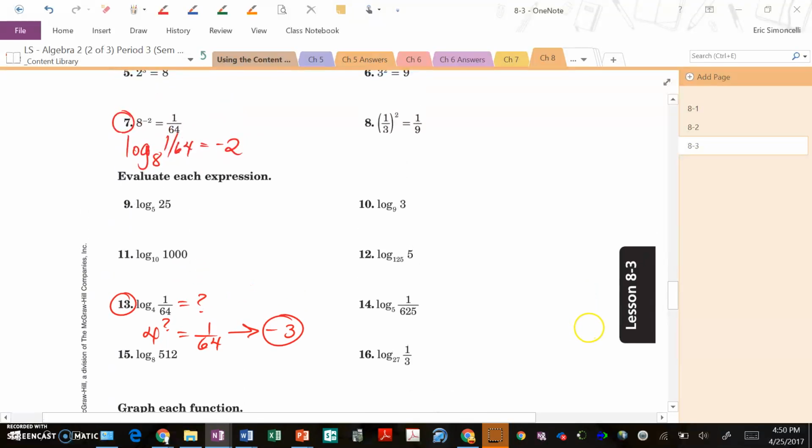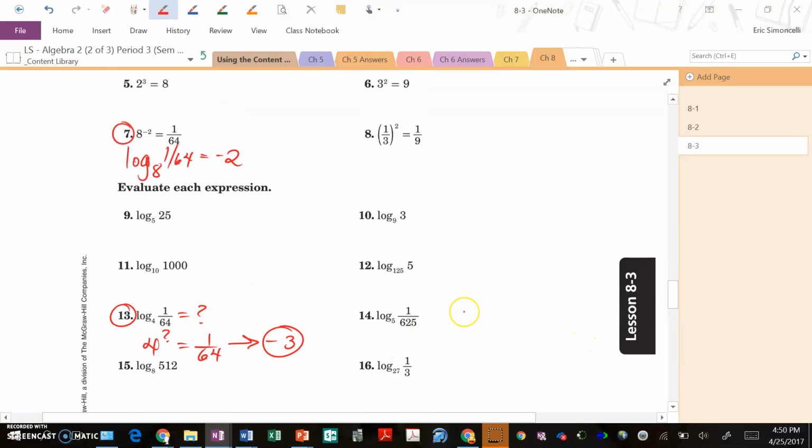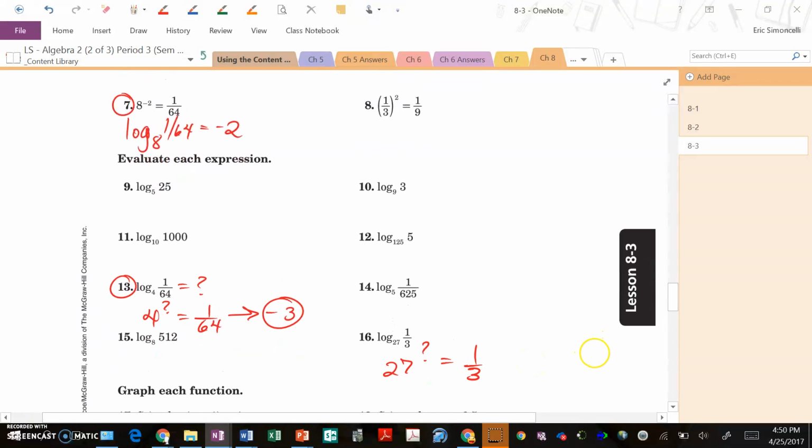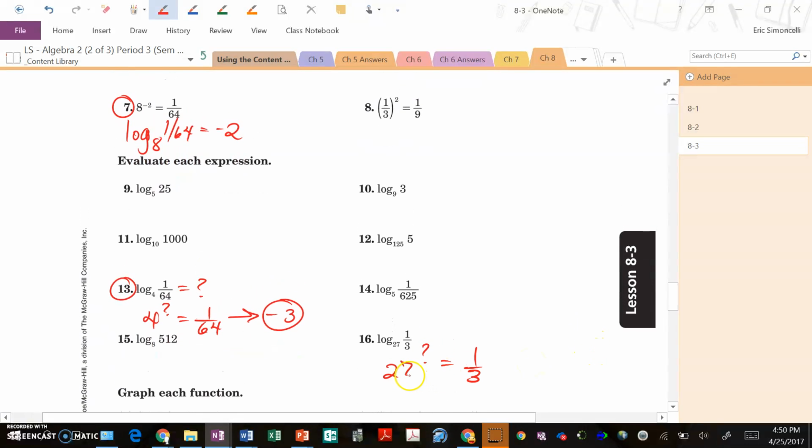In a similar sense, using some fraction analysis, let's look at number 16, 27 being the base. To what power is 1/3? Okay, this one's a little bit different, right? Because our base happens to be bigger than the denominator by itself. If we just looked at the reciprocal of a third, 27 is bigger than that.